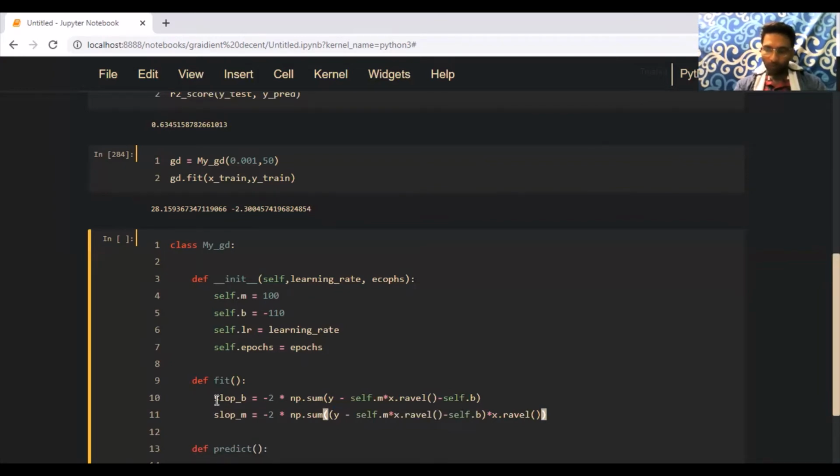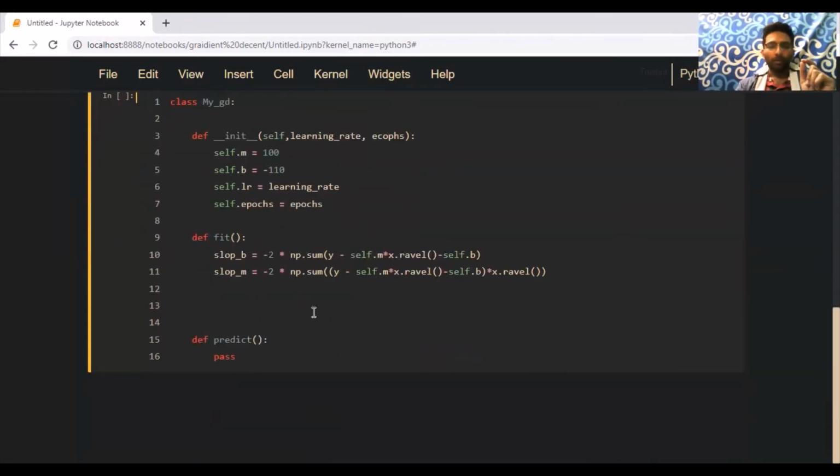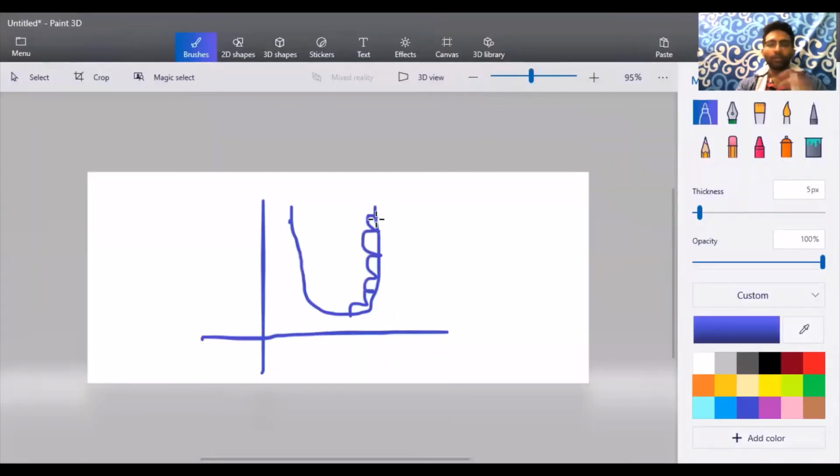So now let me just show you one thing again. Let me just take back to this part here. Now we have calculated the slope, but the major part we are going to discuss is telling my code to reach the global minima.